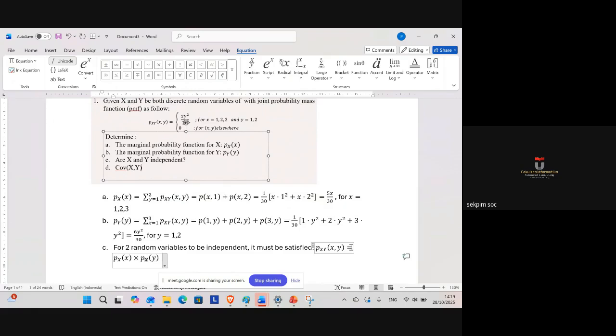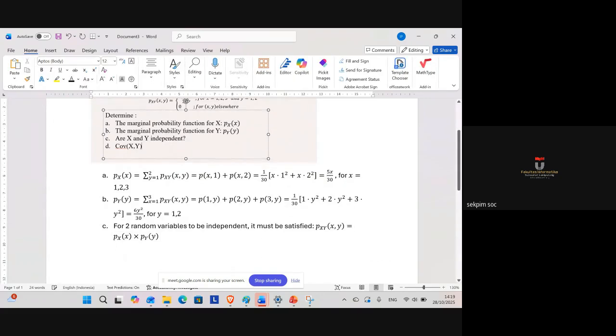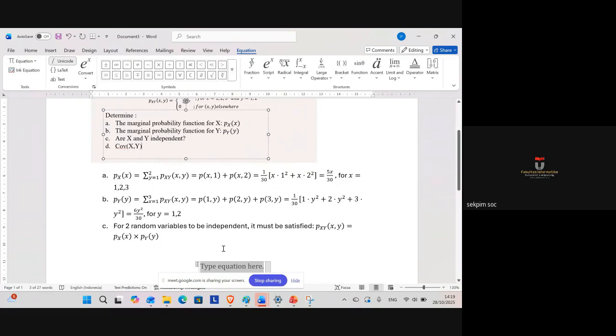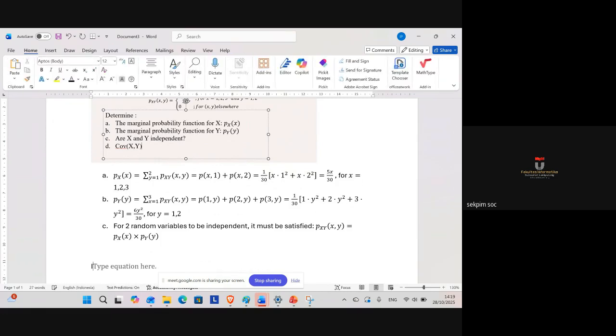That's the definition, right? This is the same thing when we discuss events as a set. If A and B are two independent events, remember this, then the joint probability of A intersection B equals P(A) times P(B).